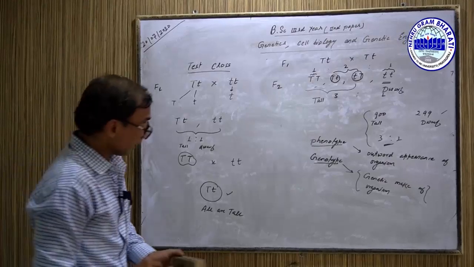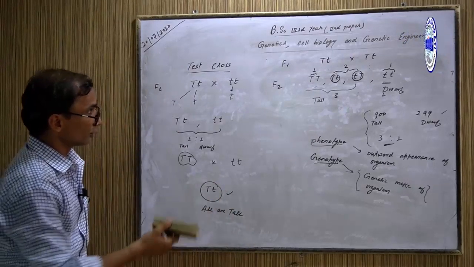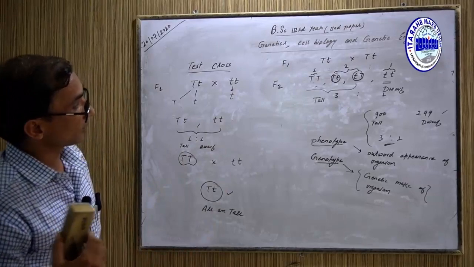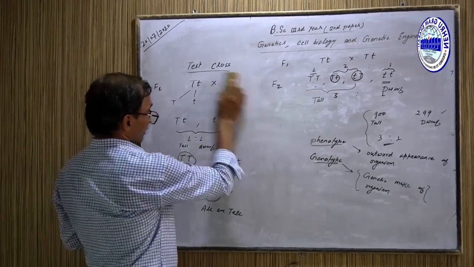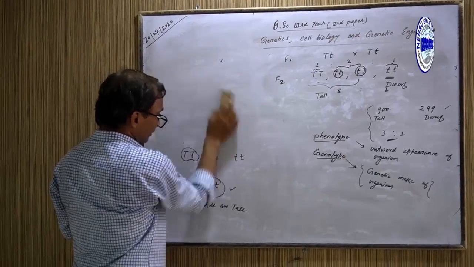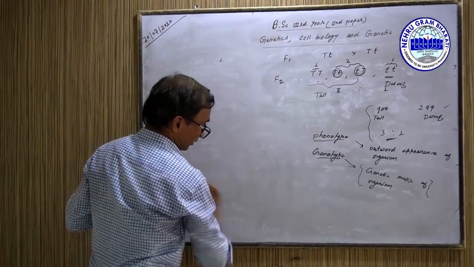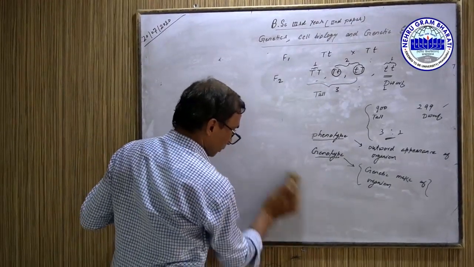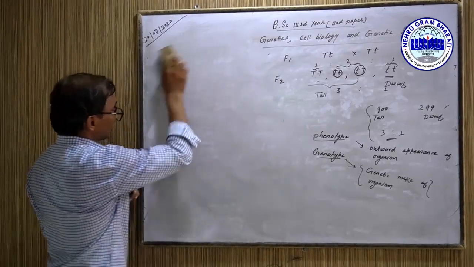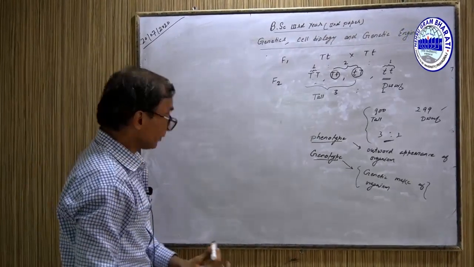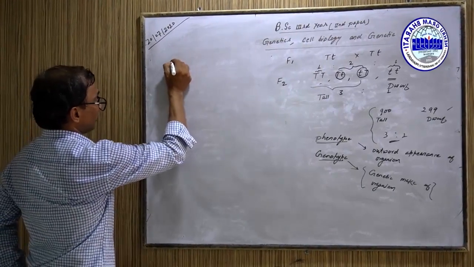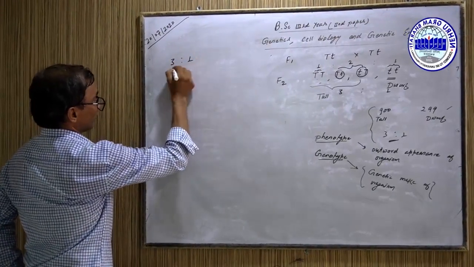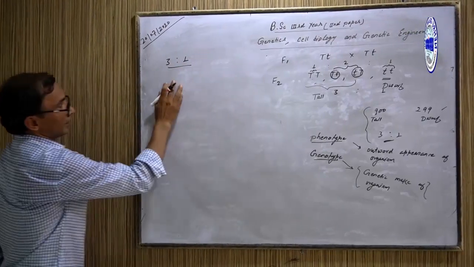Now I will talk about a few concepts of how the cross is made, how to make things very easy. Suppose I just talked about the monohybrid cross, and in the monohybrid cross we are getting the ratio of 3:1, as you have seen a few minutes back.